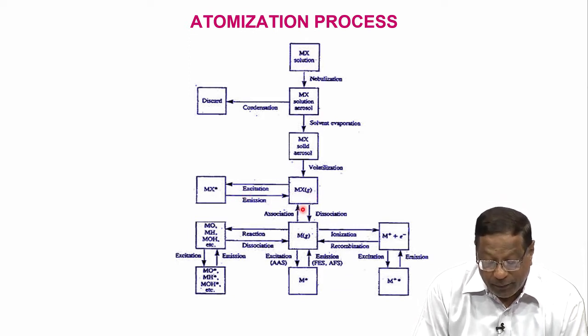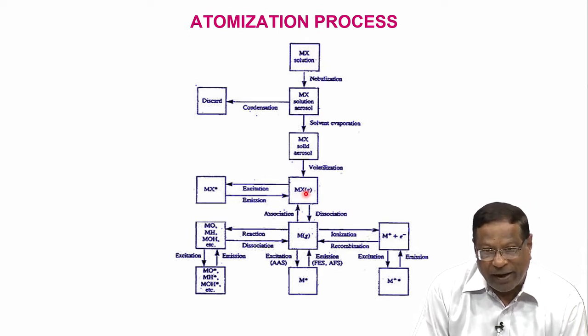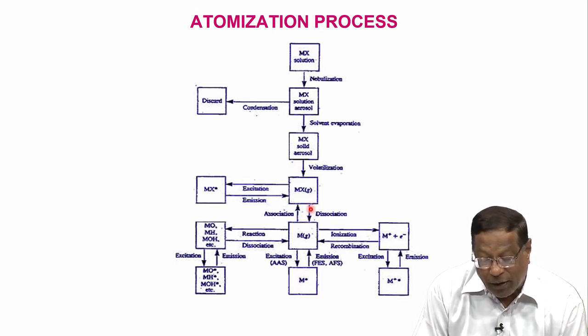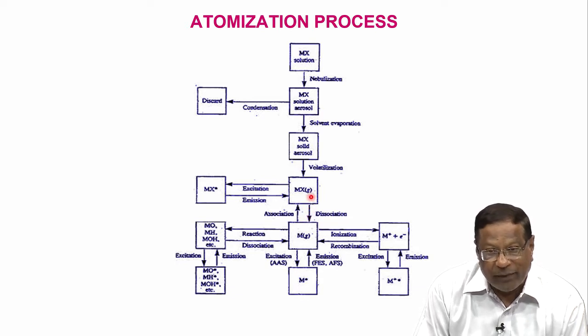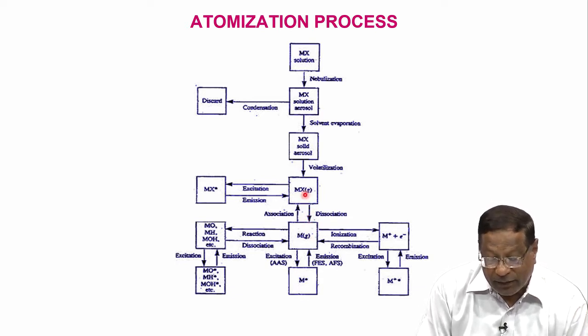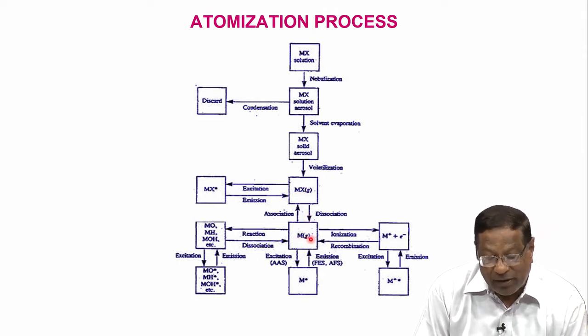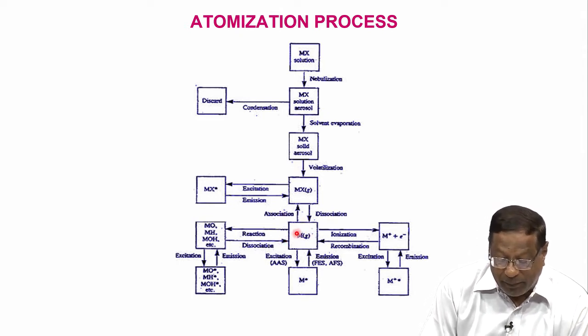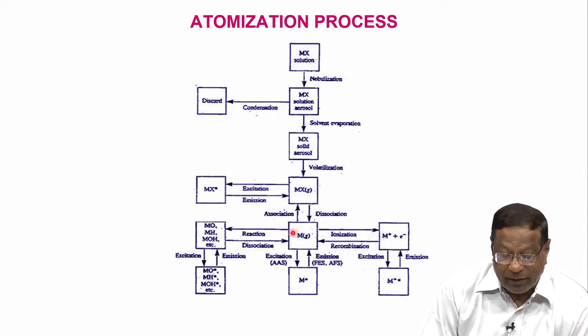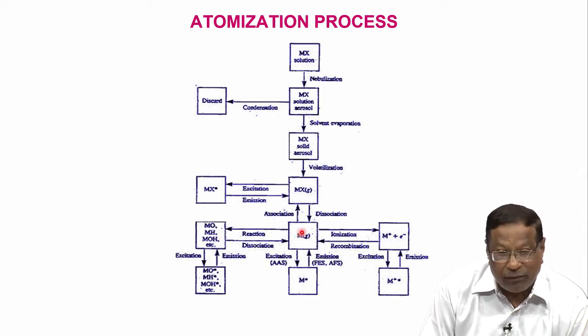Now, two molecules of MX gaseous can combine to form association products, or it may undergo dissociation also, because the temperature is very high in the flame. This dissociation produces M(g), that is metal vapor in the gaseous form. In this form, again it can pick up electrons, or it can undergo chemical reaction with oxygen, hydrogen, etc., in the flame.